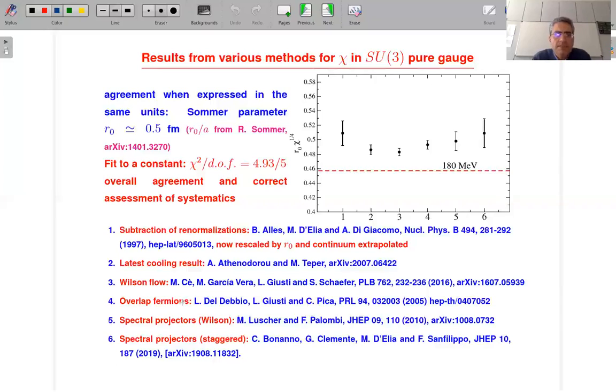Now, the question is how these methods compare to each other. So the exercise that I've done is to take, in some sense, the latest determinations from each method in the literature and compare them, in order to see if they are compatible with each other for the SU(3) pure gauge theory. This is a sort of literature average over different methods.